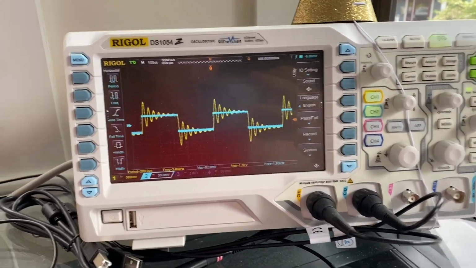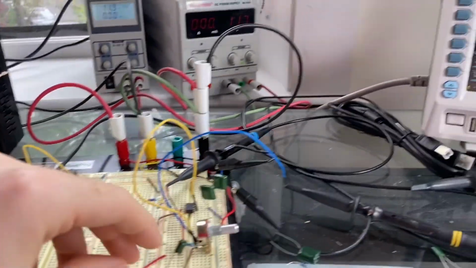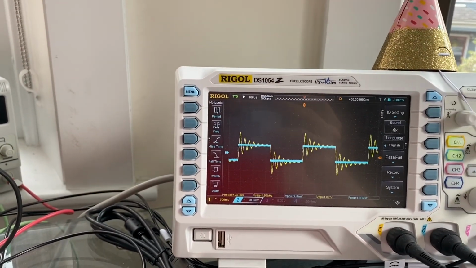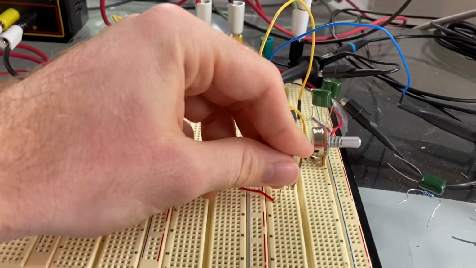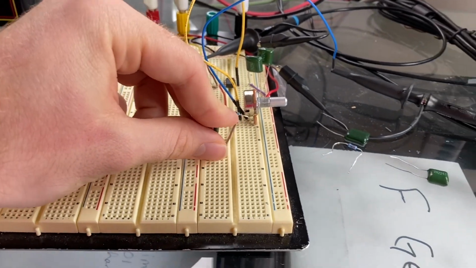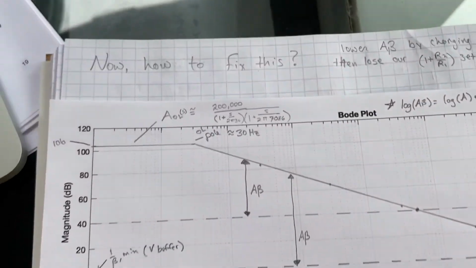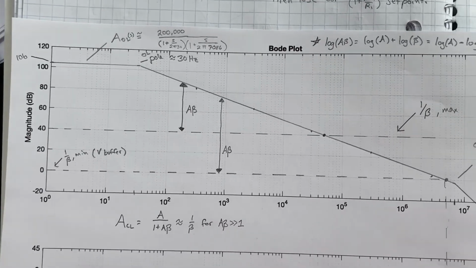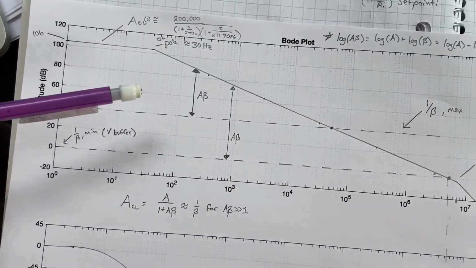So how do we fix this oscillation coming from driving this capacitive load? Well, one way is lead compensation, which is adding a capacitor in the feedback path. And before I get to that, why don't we just lower the loop gain A beta?